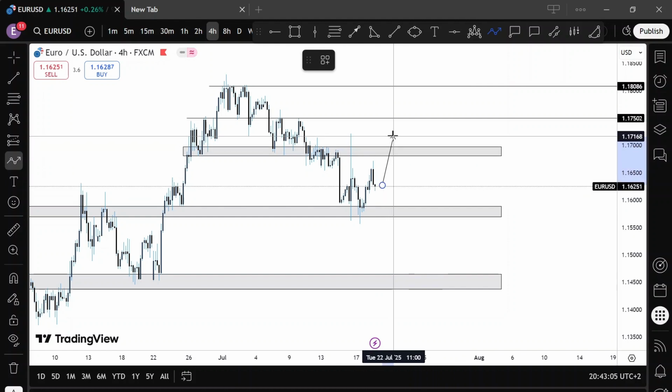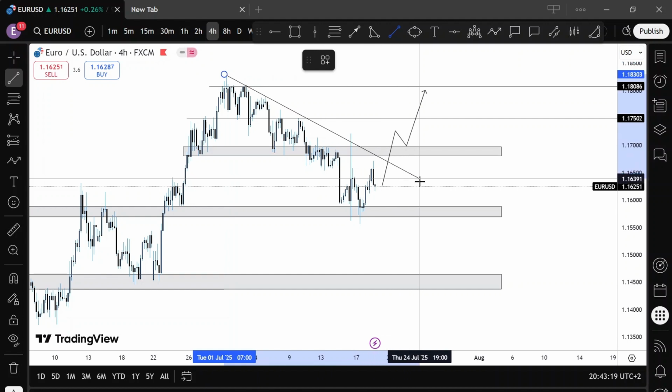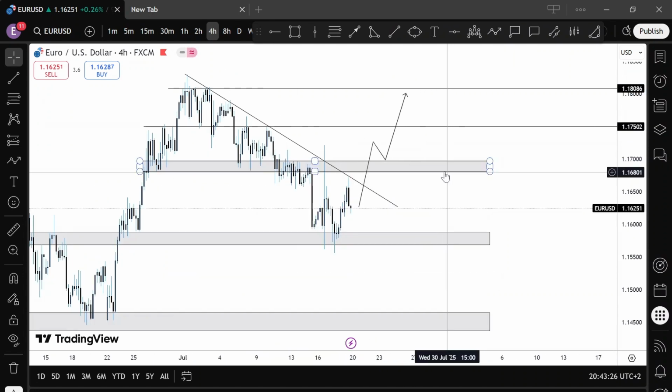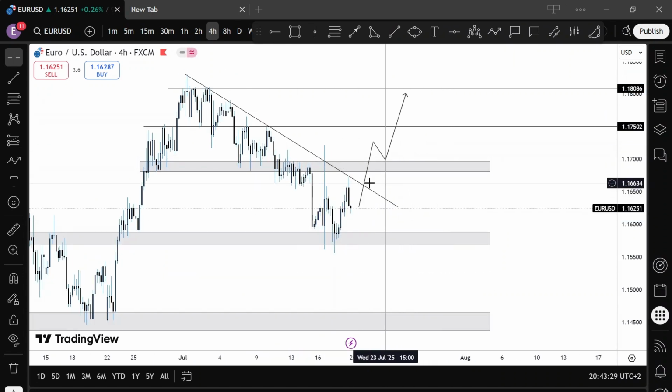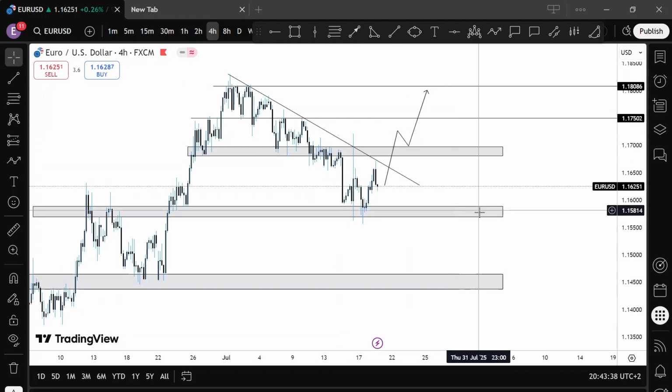The only opportunity for me to continue buys here on Euro USD is to see price come over here and break. I'd like to see that retest and then I can join and probably head to the upside. We could actually use as a confluence a downward trend line being broken, a resistance region turned to support, and then we can lodge our trades here and continue to the upside.